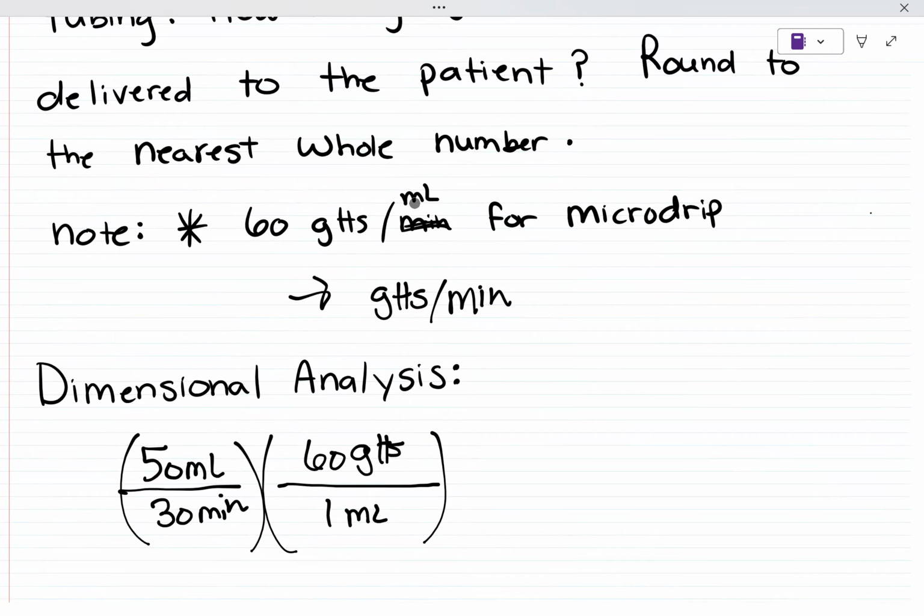My bad. So this is something you must know. I wrote it in the beginning, and this will give us our final answer in drops per minute.